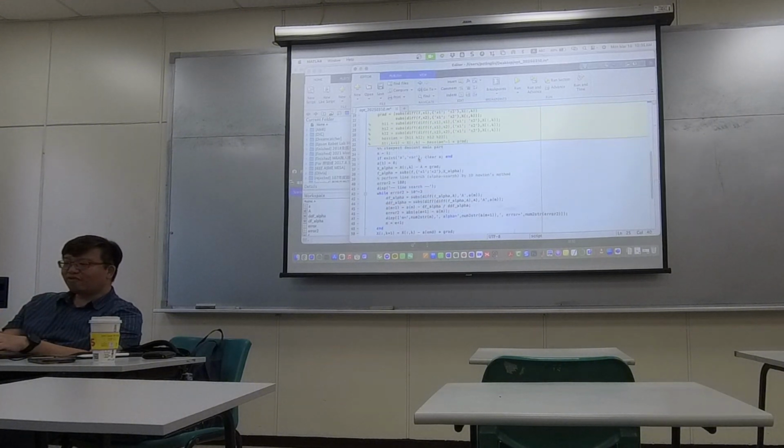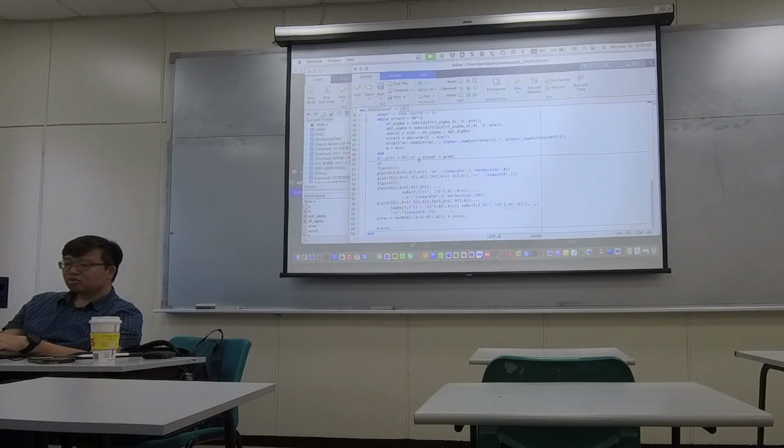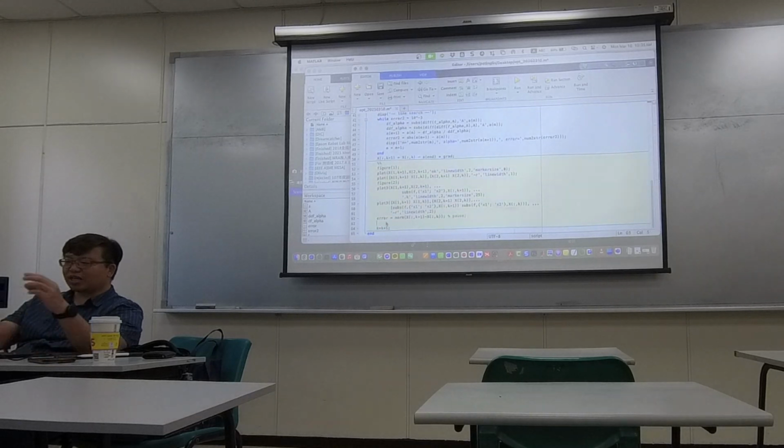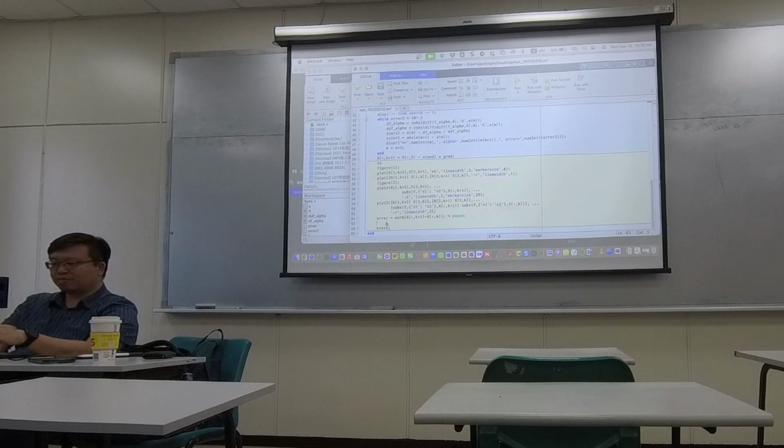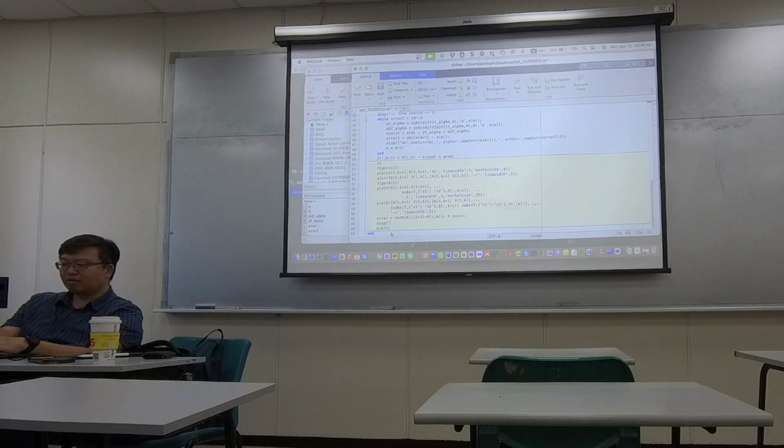So whenever we finally get the new solution, I will display the current x equals a vector. So number to string, and then the current x.